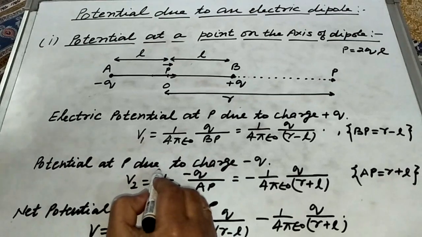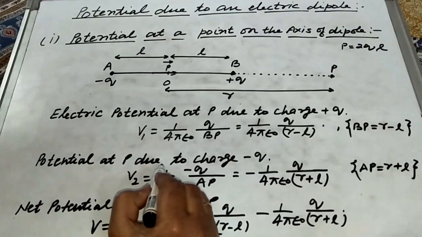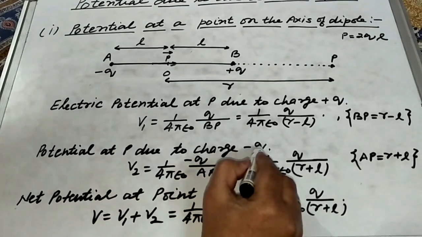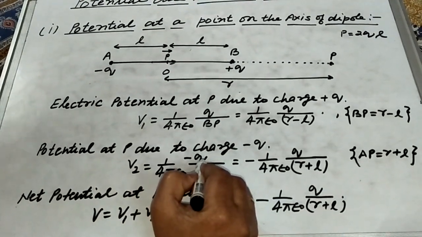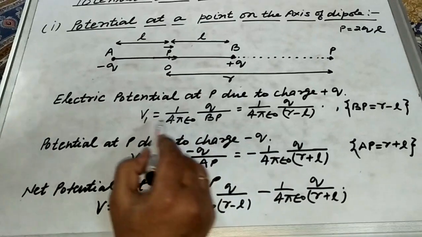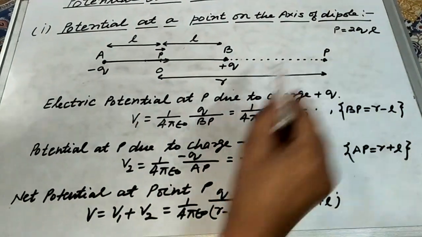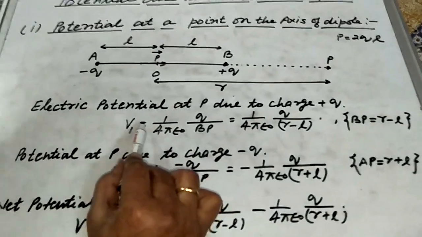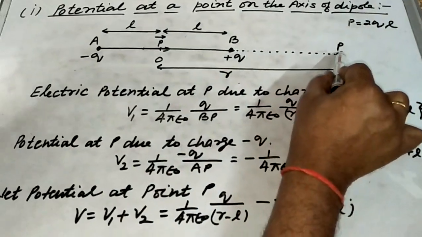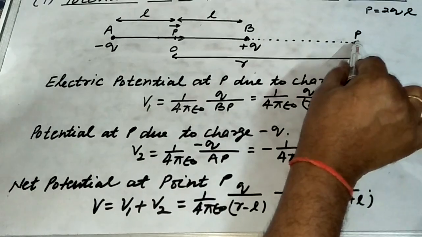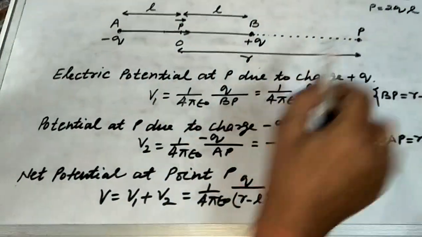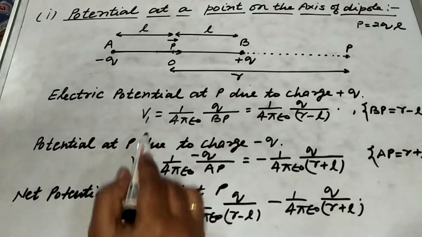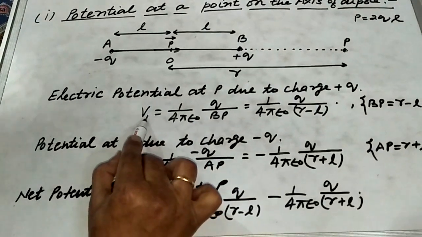You know electric potential is a scalar quantity, and when we calculate a scalar quantity we always consider the sign of the charge. So here we will consider the sign of the charge, which is minus q. So the net potential at point P is the algebraic sum of the potential at point P due to charge plus q as well as due to charge minus q, means the algebraic sum of V1 and V2.